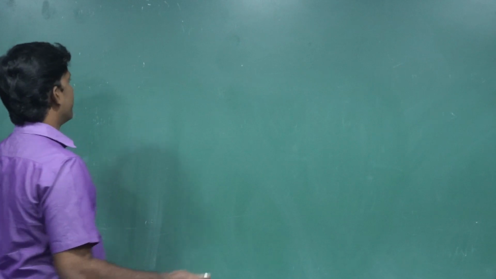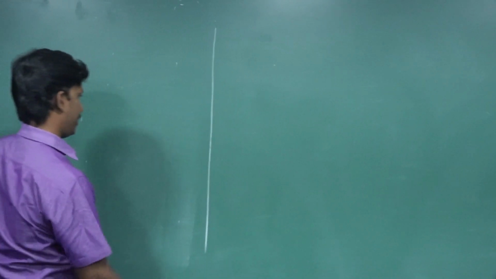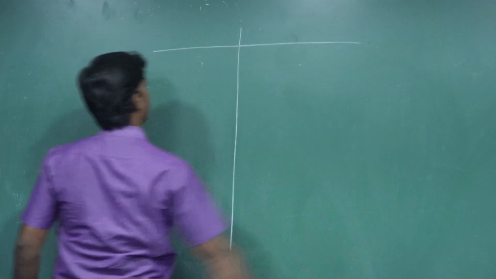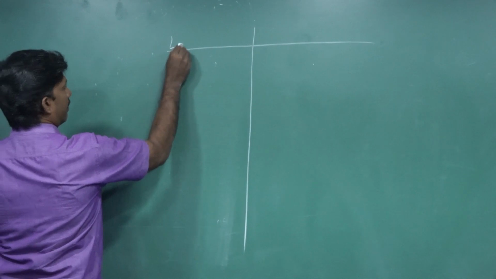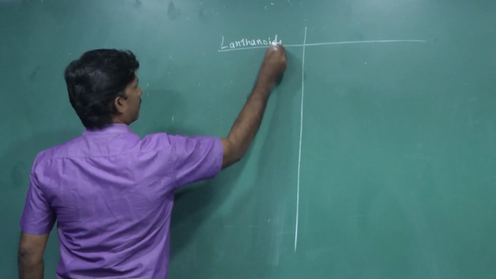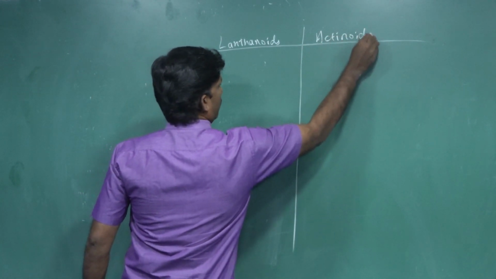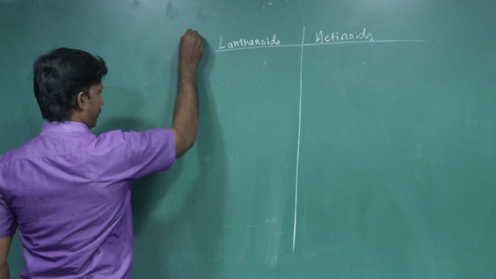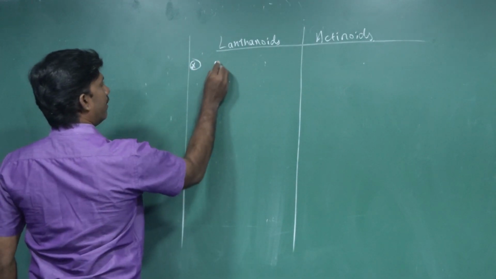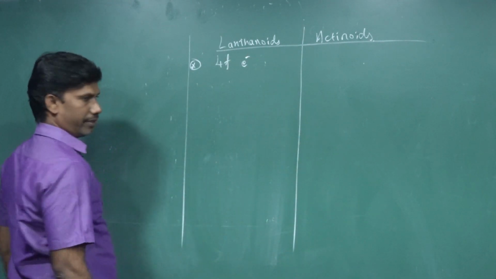Okay, so far we have seen the electronic configuration and oxidation states of actinides. Now let us discuss the differences between the lanthanides and actinides. In lanthanides, the differentiating electron enters the 4f orbital.